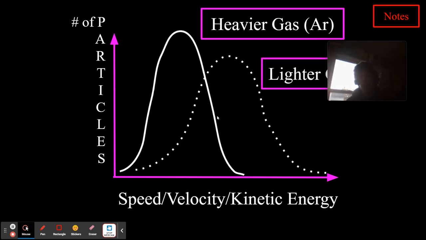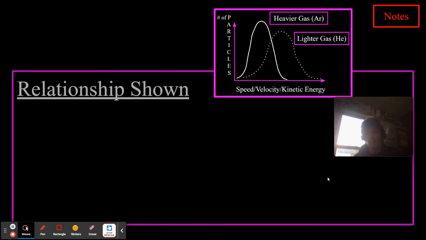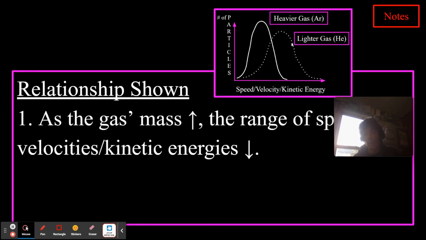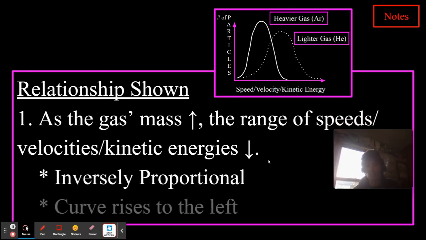All right. Now I did this as an inverse change, so we're going to talk about it the other way. If I increase the mass, the graph's going to go from this to this. All right. So the range of these things would go down. So that's inversely proportional, and the curve rises to the left.